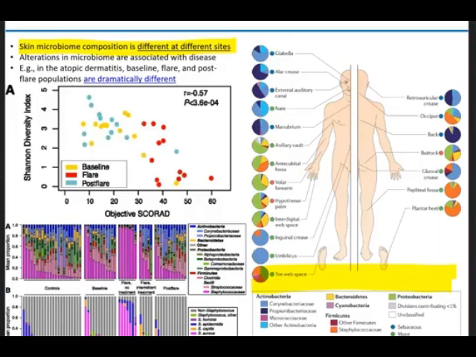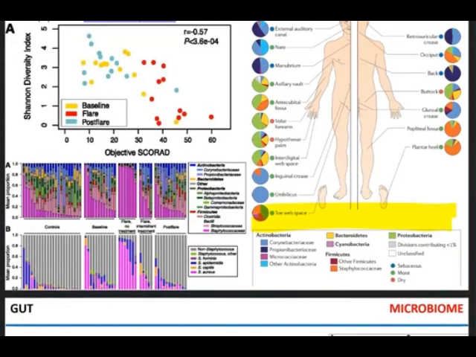Okay? So basically, think about this. The butt and the crease under the butt have two different microbiomes, like different composition. It's kind of crazy.